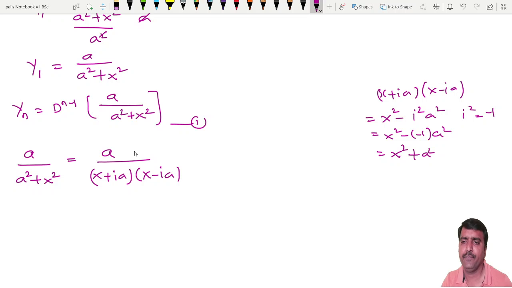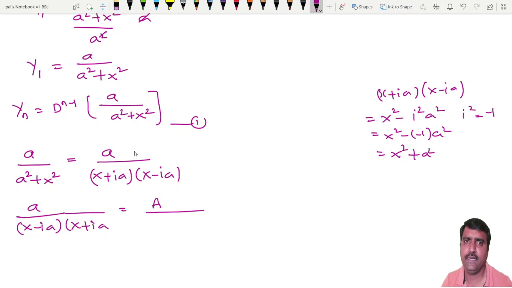Therefore this a by x minus ia into x plus ia is a proper fraction, so resolve this into partial fractions.